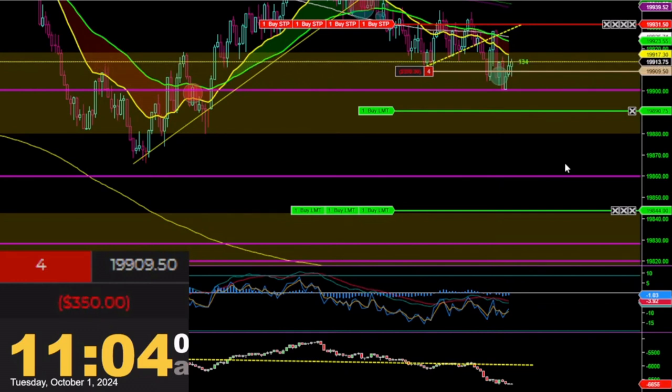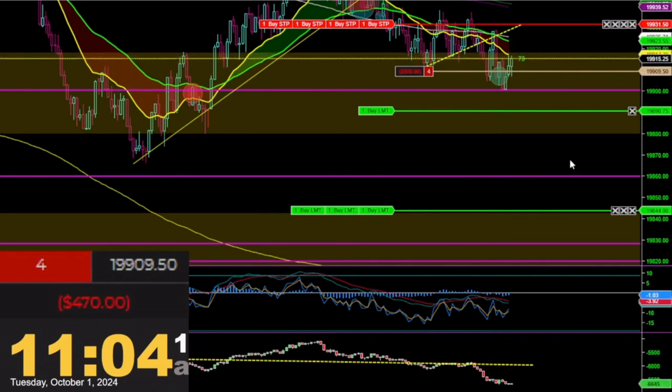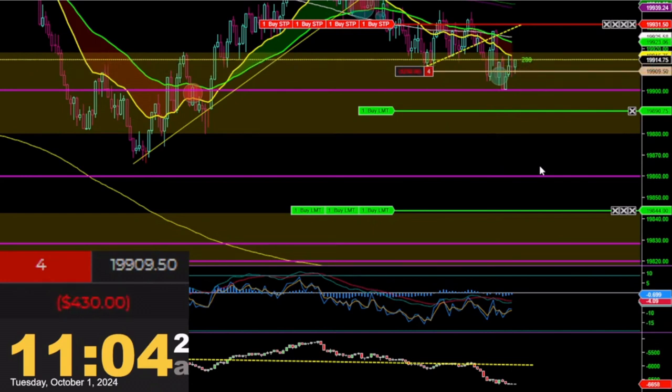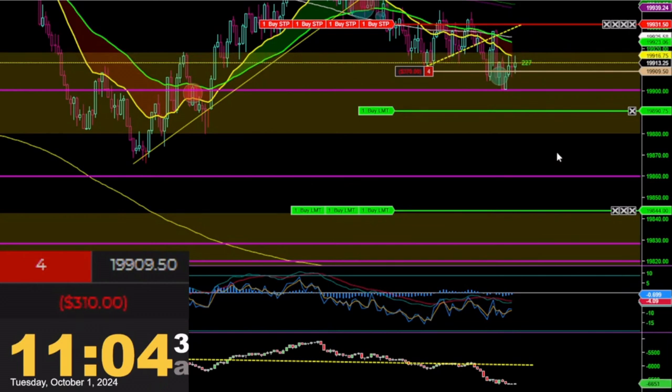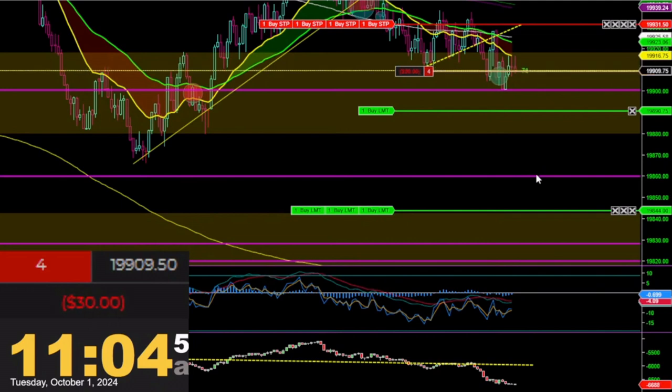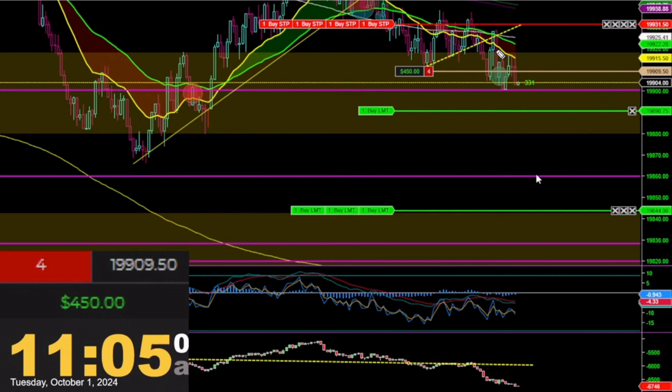The explosion is pretty massive. Should have moved my stop over here. I don't know why I didn't.